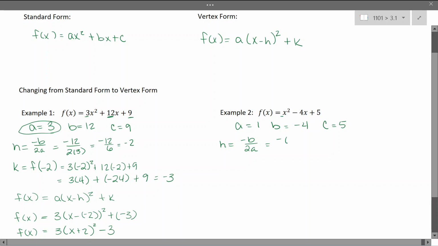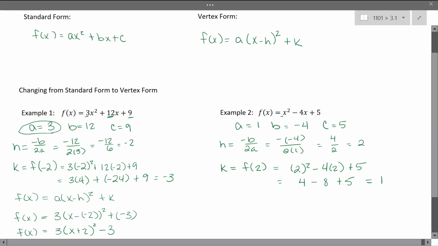So we have negative negative 4 over 2 times 1, which gives us 4 over 2, which is just equal to 2. And then again, to find k, we plug our h back into our function, so we have f of 2, which is going to give us 2 squared minus 4 times 2 plus 5. So we have 4 minus 8 plus 5, which should give us 1.